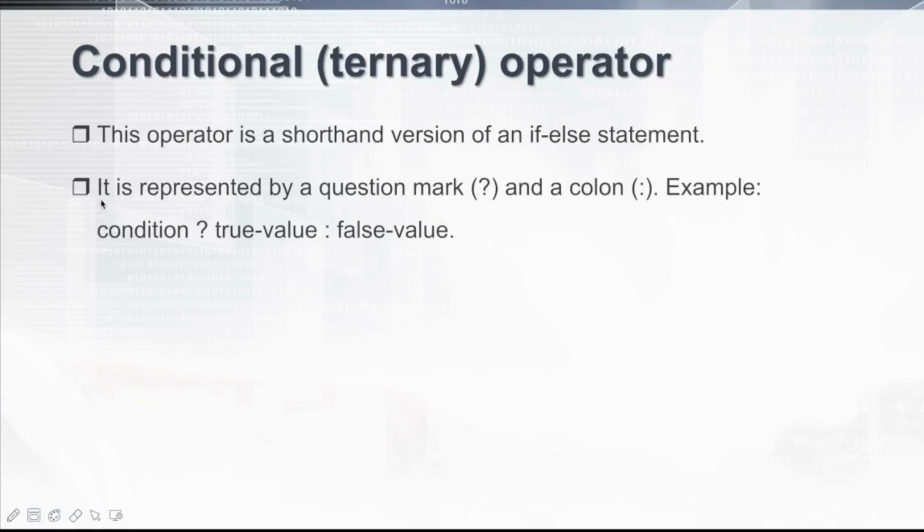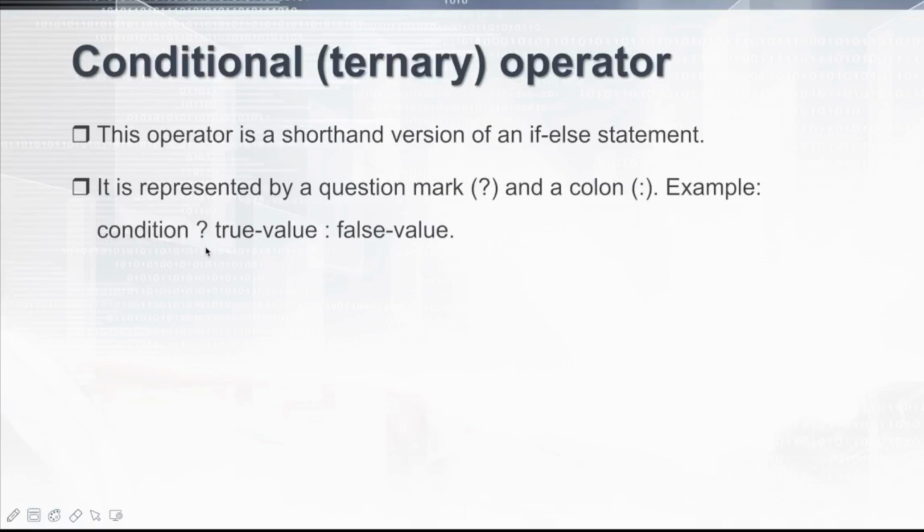The ternary operator is represented by a question mark and a colon. These two are combined to use the ternary operator. As an example, we have this. First we have a condition. This condition is going to evaluate to a true or a false value, so this is a Boolean expression.